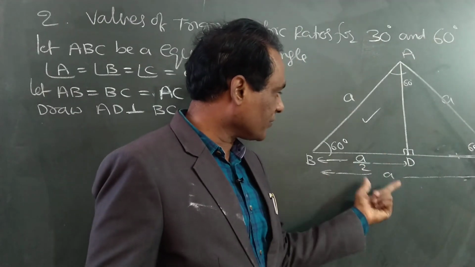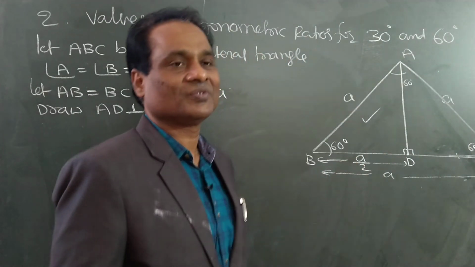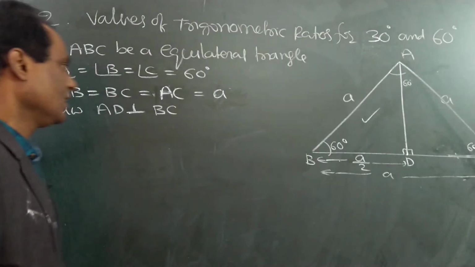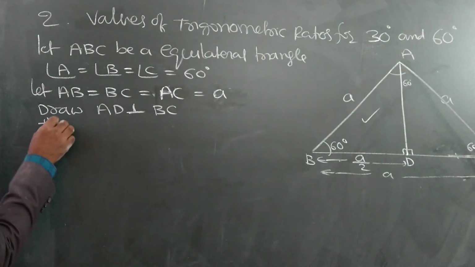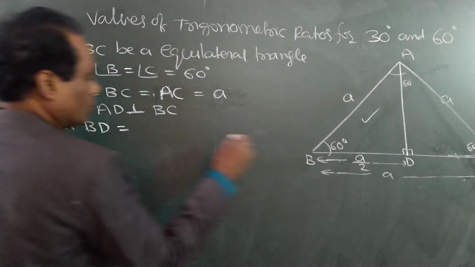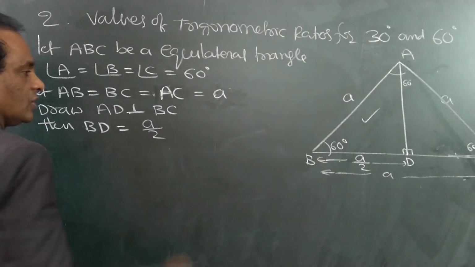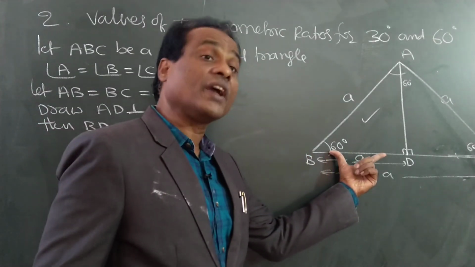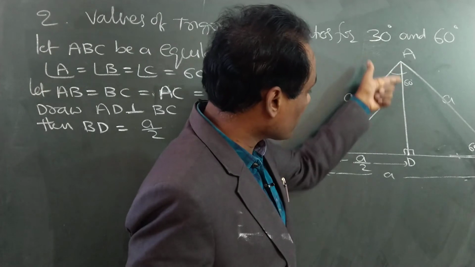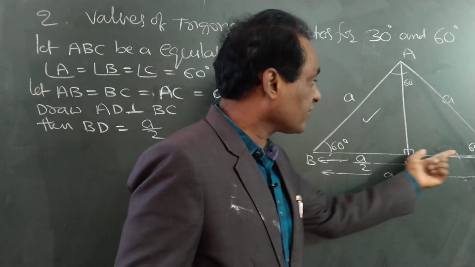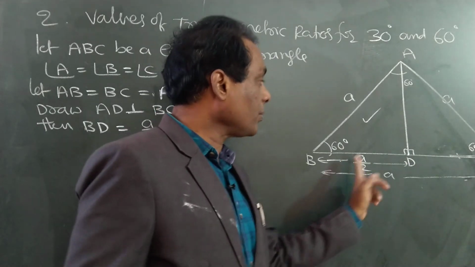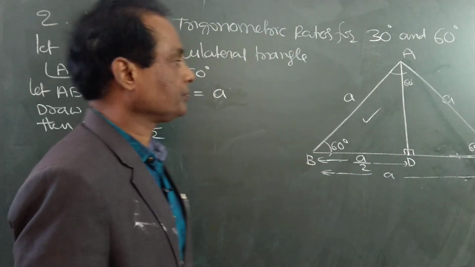This will be half of it, A by 2. Then BD will become A by 2, and this will also become A by 2. Why is it A by 2? Because in an equilateral triangle, if you draw a perpendicular line, it divides the base into two equal parts. If the total is A, this is A by 2, this is A by 2.